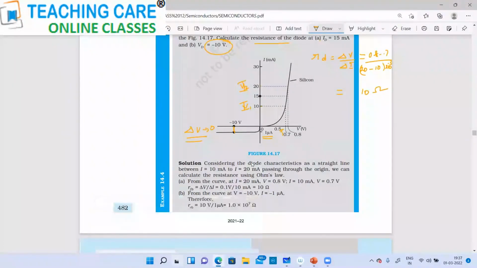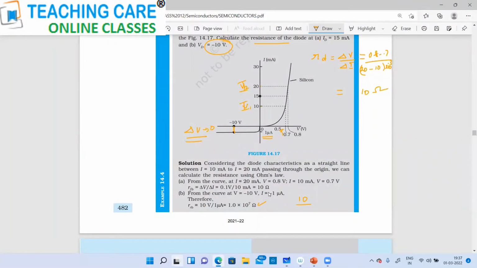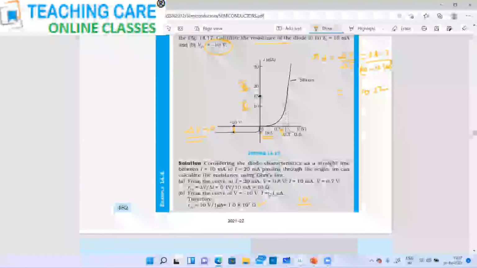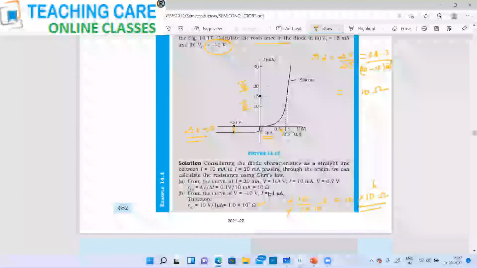I got the power right. Should it be minus? The current will also be negative, no? So it will be only positive. Minus 10 divided by 1 into 10 raised to the power minus 6. So minus minus gets cancelled. 10 into 10 to the power 6 ohm. Correct.